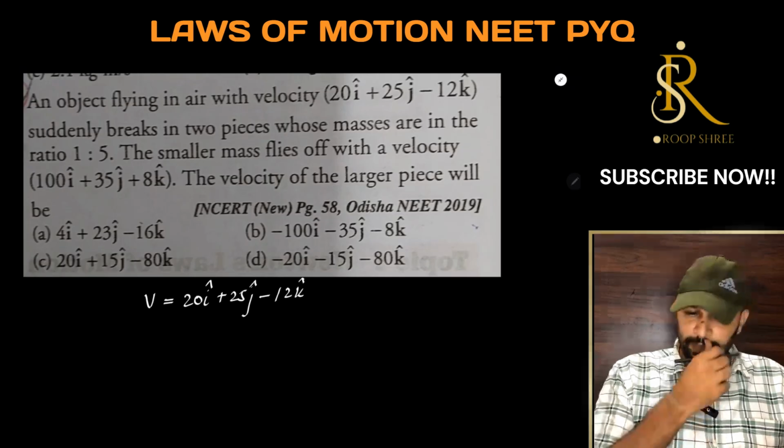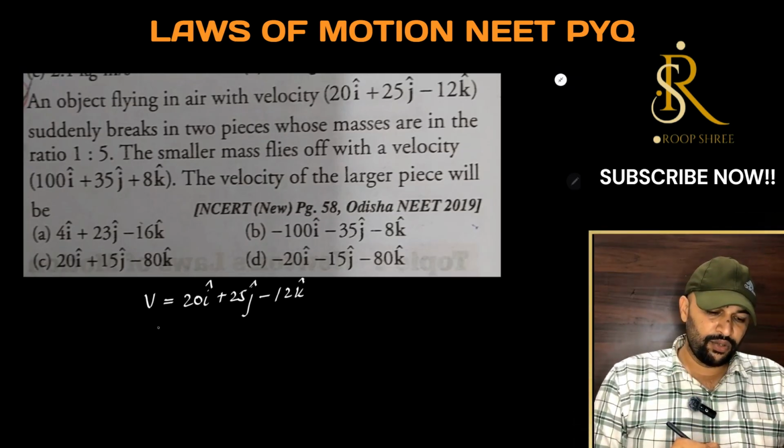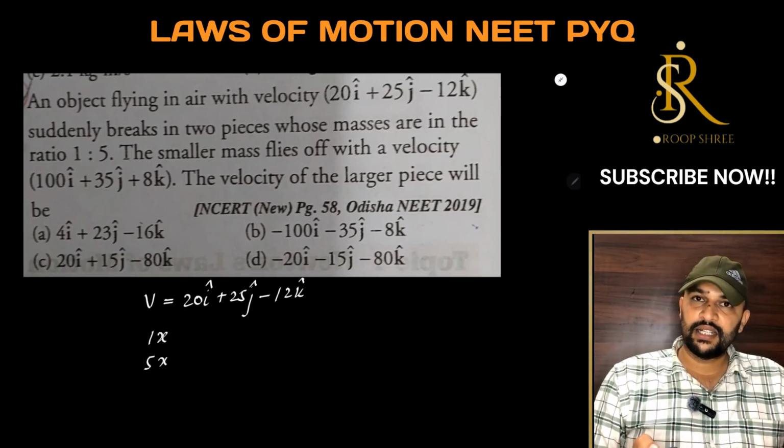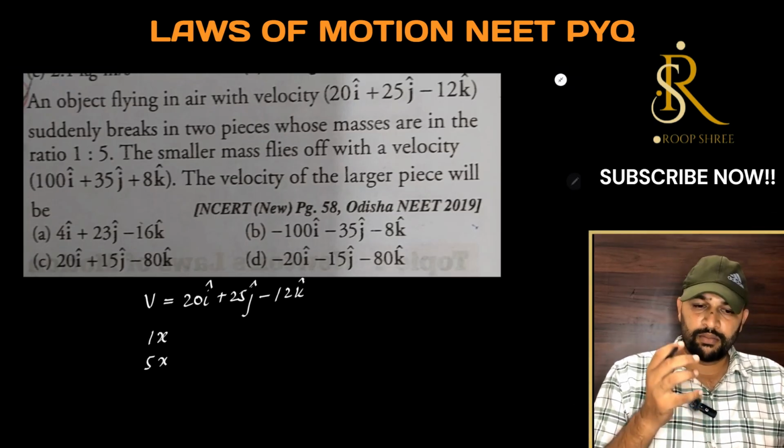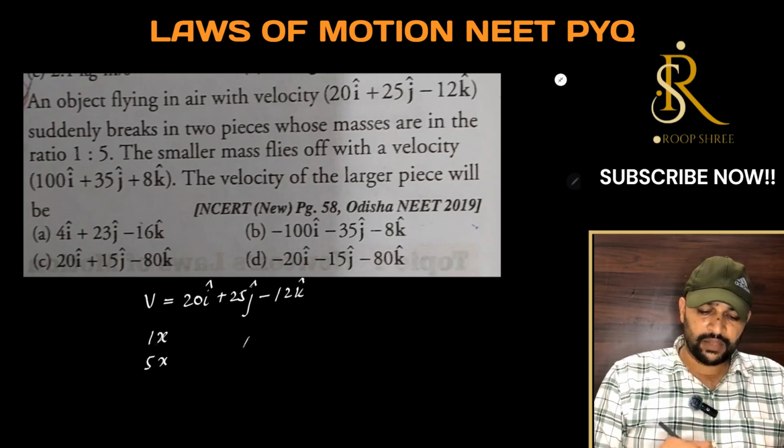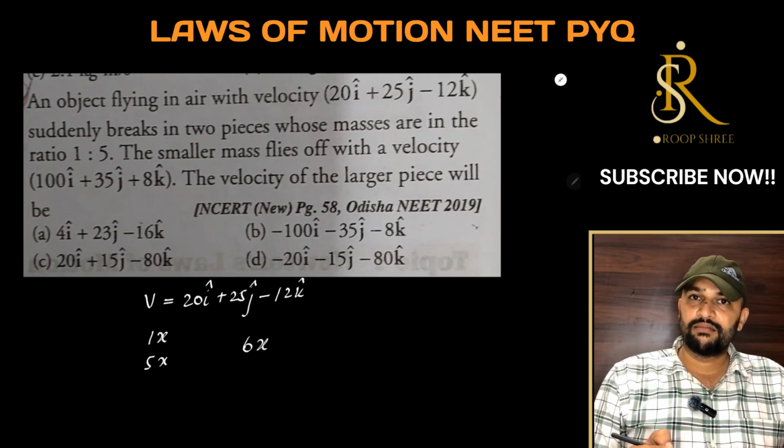It suddenly breaks into 2 pieces whose masses are in the ratio 1:5, right? So 1:5 means, let's say the first mass is 1x and the second mass is 5x, correct? So before it broke, the mass was 6x, and it broke into 1x and 5x, clear?